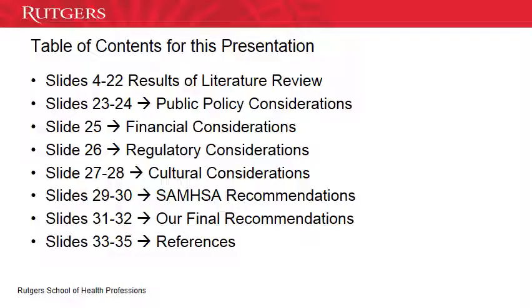And then towards the end, we will finish off with our SAMHSA recommendations for this population, which dovetail well, actually, as you'll see, with the literature review components that were found to be essential in helping this population. So we'll present those along with our final recommendations. And references will be available in the last 3 to 4 slides for your perusal.